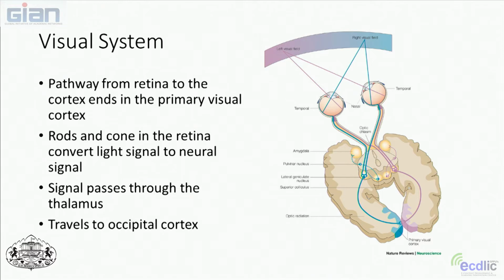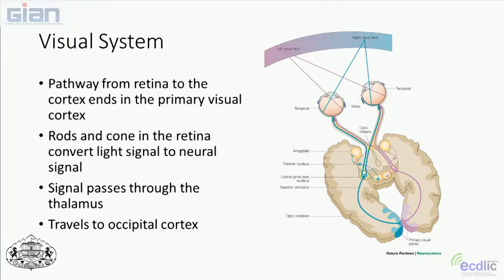The rods and the cones in the retina convert light signals to neural signals. And I find this very fascinating. Each of our sensory systems has some kind of information that they convert into neural signals, and there's not much real understanding of how this is done.